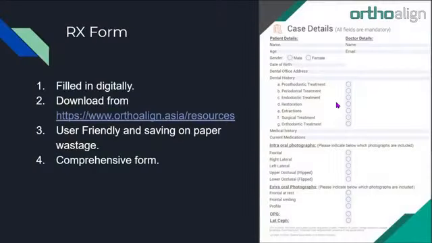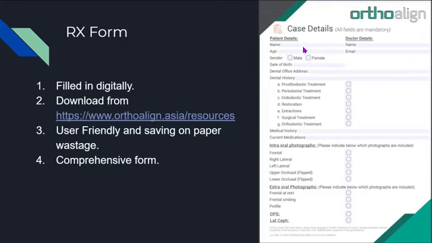Okay, so the next thing that we have is our RX form. This is one of the next things you're going to need in order to submit your OrthoAlign case to us. You can use this RX form, and the great thing about it is you can enter all the information digitally.